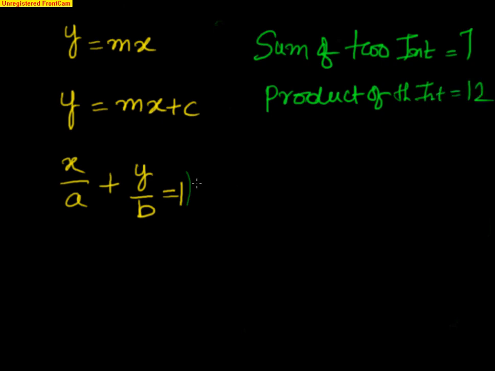Find out the equation. Now if I know a and b, I can substitute, but they are not directly given to me. I have been asked to simplify a simple expression: a plus b equal to 7, ab equal to 12.